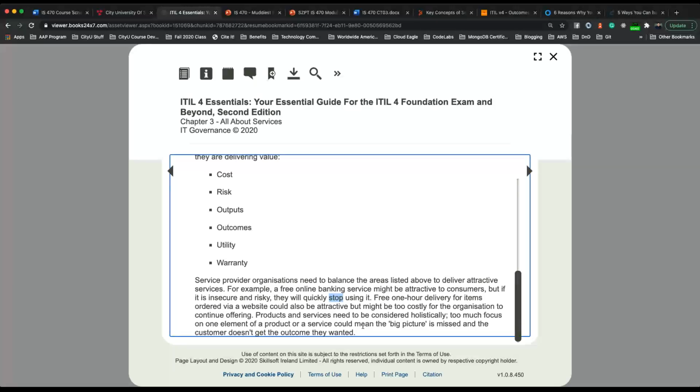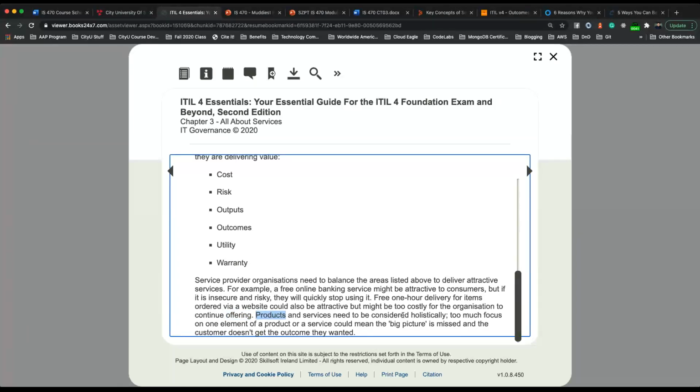Okay? Another example is a free 1 hour delivery for items ordered on the website can also be attractive, but might be too costly for the organization to continue offering, right?